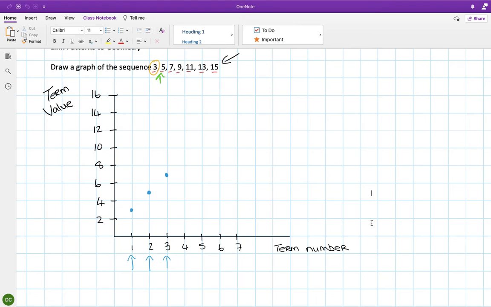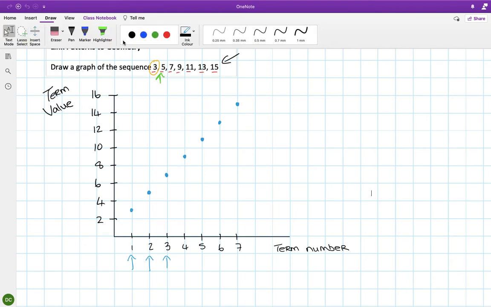Then for term number 4, I'm going up to 9. For term number 5, I'm going up to 11. Term number 6, I'm going to 13. And then term number 7, I'm going to 15.